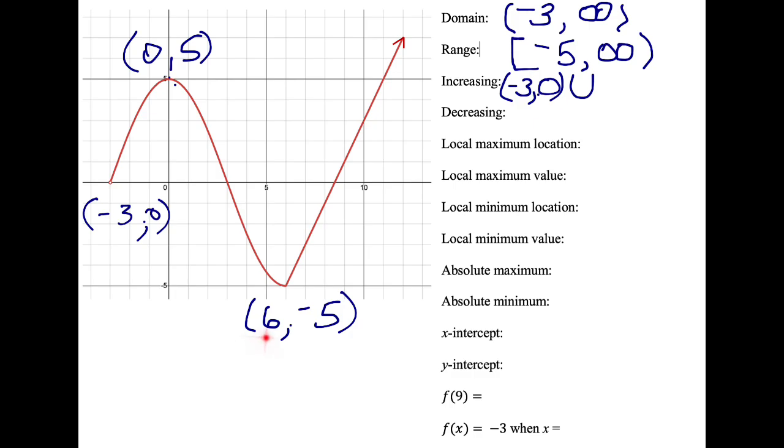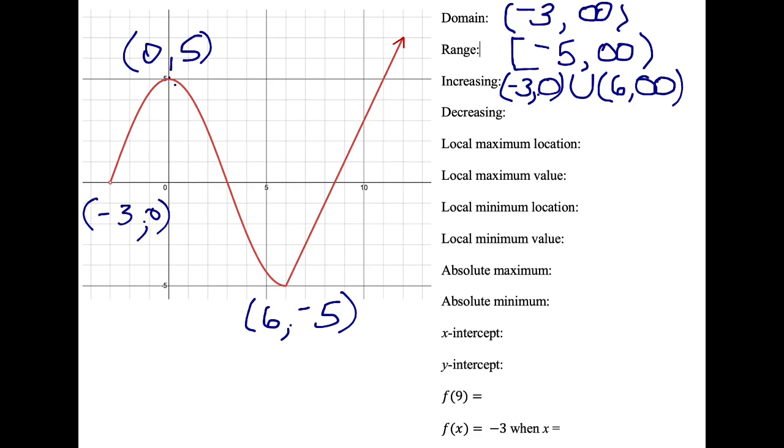So starting at x equals 6 and continuing forever, my function is increasing. This one, you can debate if you want to have a parenthesis or a bracket. I think our homework generally wants parentheses, so we'll use a parenthesis there, but some people like to put a bracket. I'm in the parentheses camp. So there's where our function is increasing.